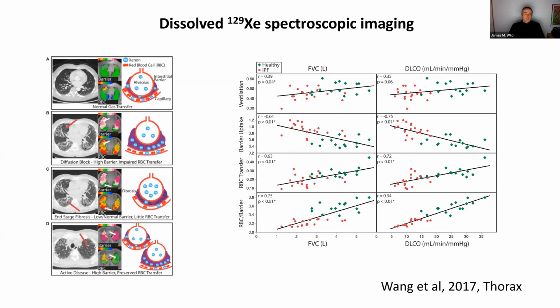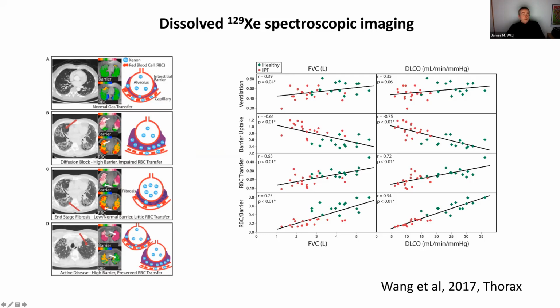This is a slide from the Duke group, who've then gone and segmented out these maps into color coding. So here in a healthy normal, where you've got good VQ matching, and you've also got a thin interstitial barrier, we see good gas transfer. So green is good, green is high, blue is high, red is low.